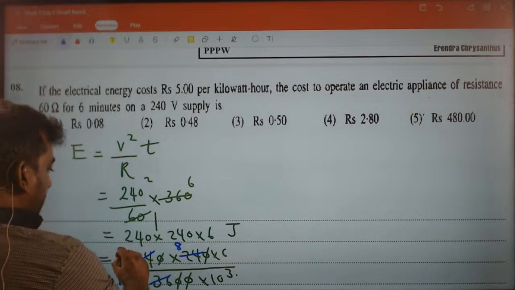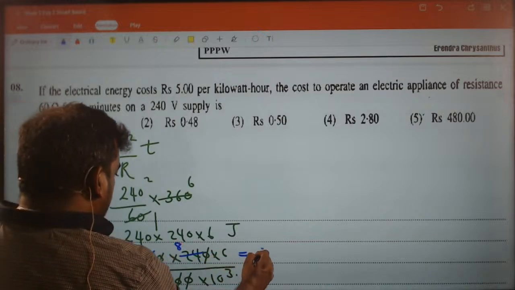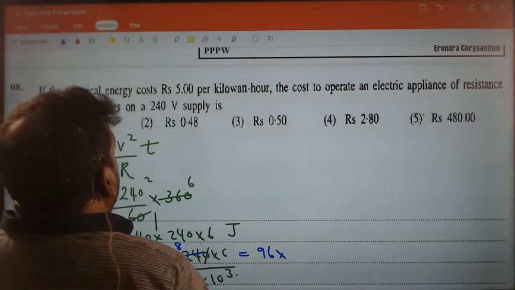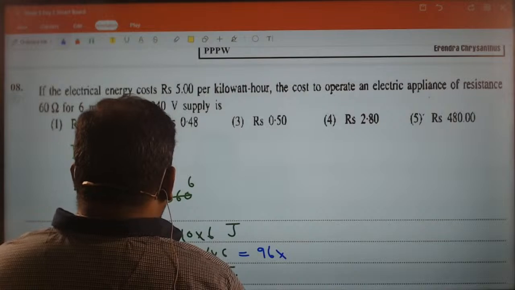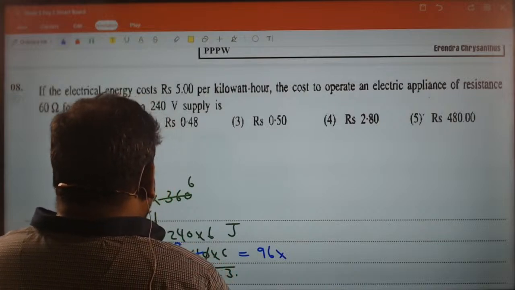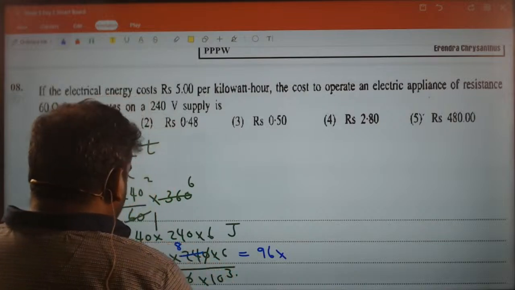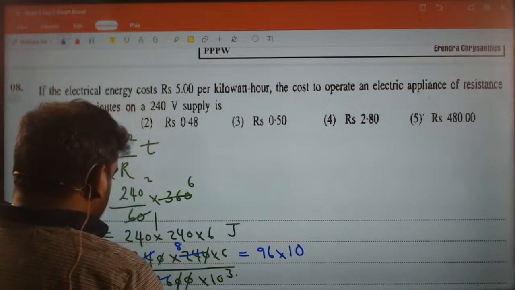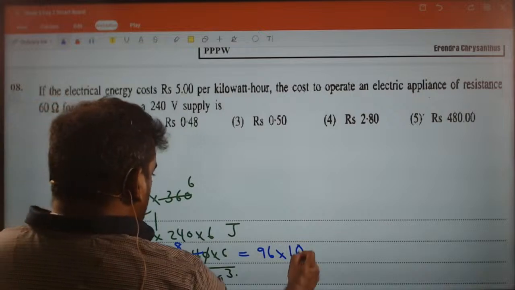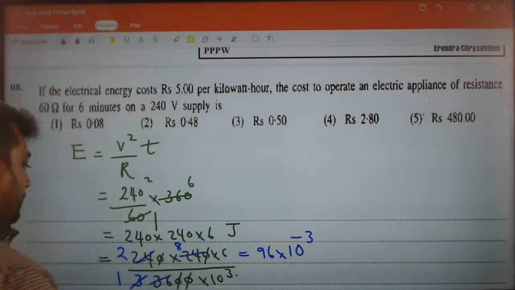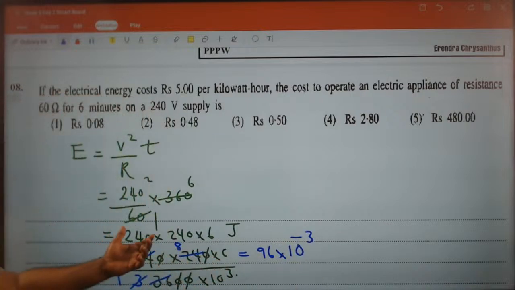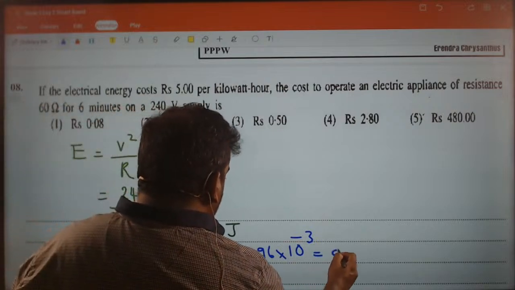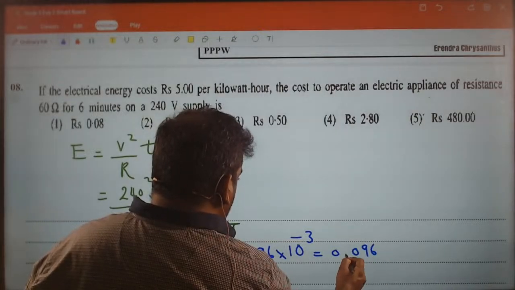Simplify. 16 times 6, 96. 96, 10 to the power minus 3. So joules converted to kilowatt hour is 0.096 kilowatt hour.